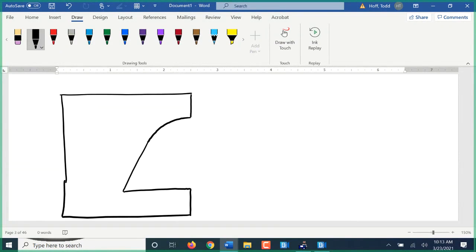So we have this dimension here. We're going to run this one in metric. We're going to do 47.39 centimeters. This dimension here, not drawn to scale, 92.37 centimeters.